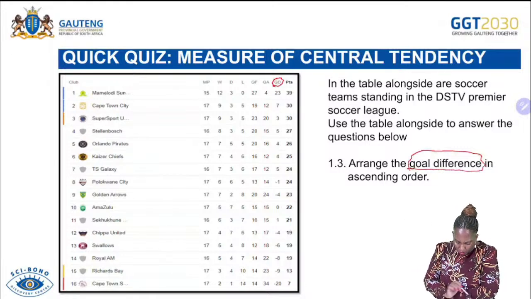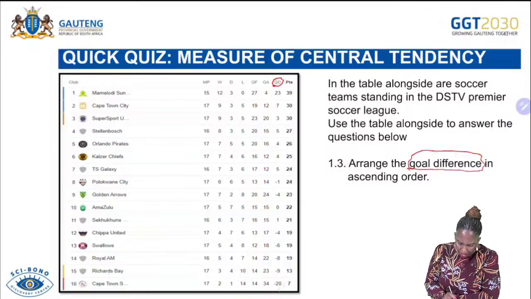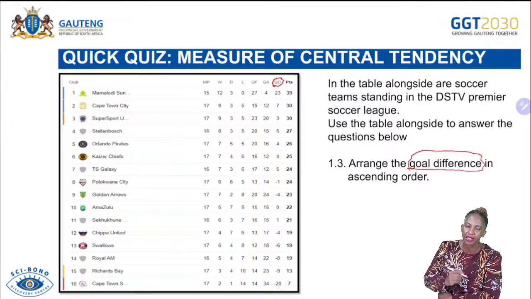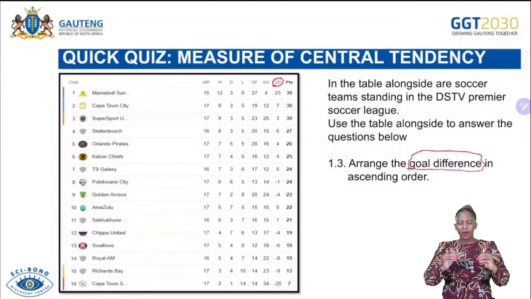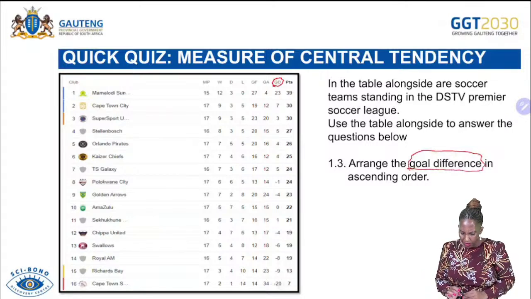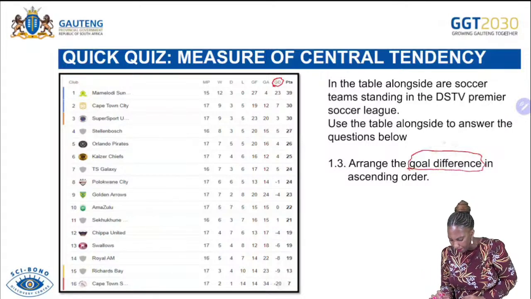Now looking at this one, boys and girls, we have the negative numbers. We also have the positive numbers. And remember one thing on our number line, let me just try to draw it here so that I can quickly remind you.